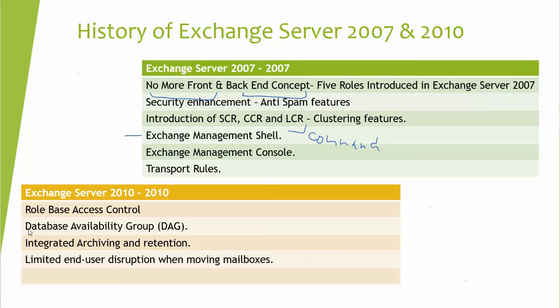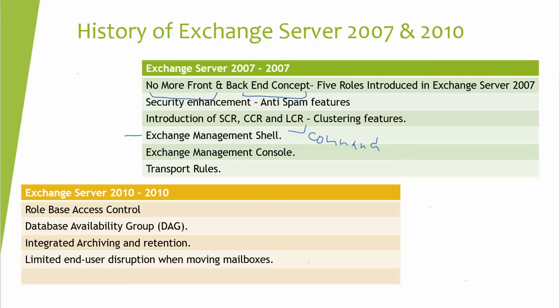The other thing that they introduced was the database availability group, DAG. This is called DAG. DAG was really a great solution to make sure that you no longer need to have clustering, like configuring CCR and SCR, and having extra overhead to do that.